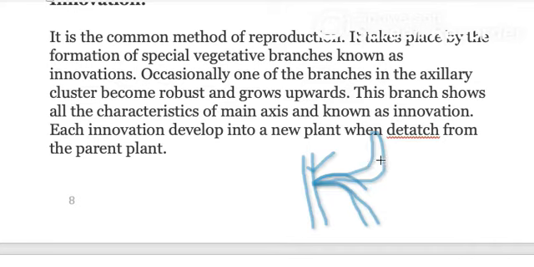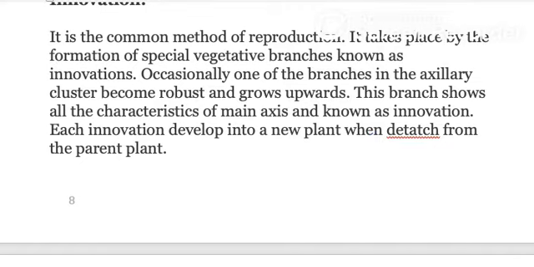So this particular branch which is growing upwards will detach itself from the main stem, and it will fall on the substratum, and it will grow into a new parent plant. That is the process of vegetative reproduction by the help of innovation.